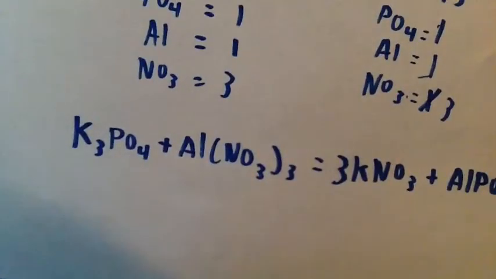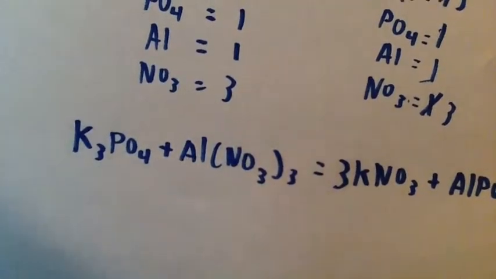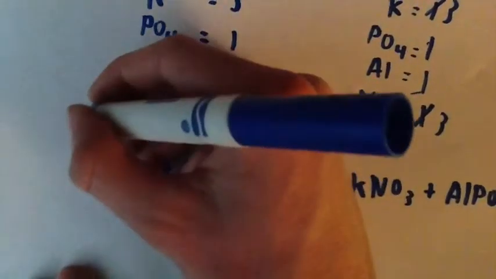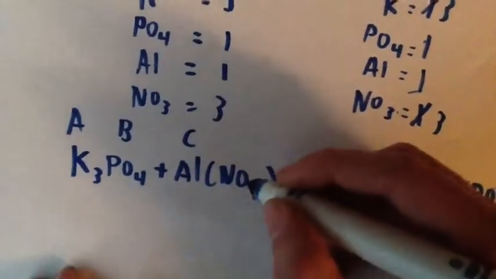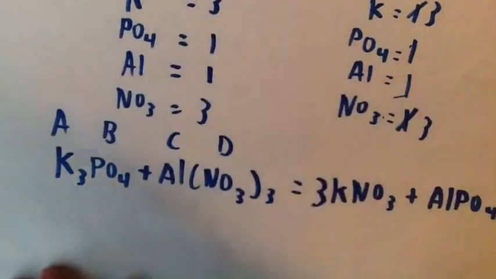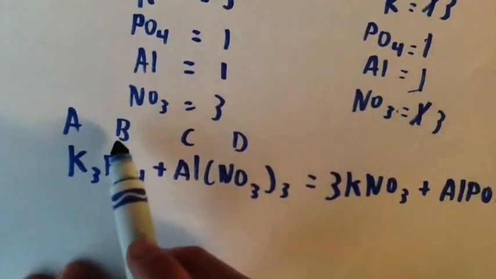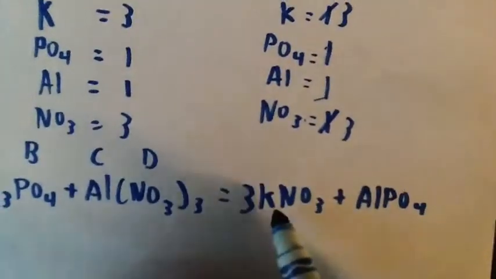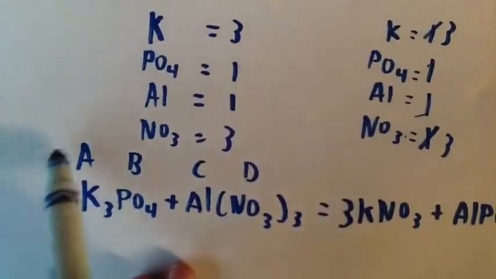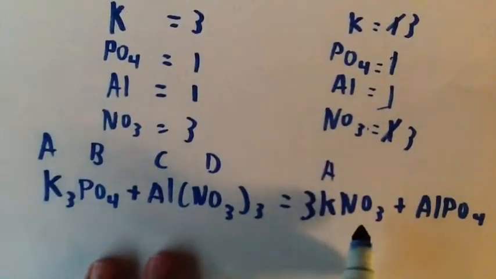Classifying is pretty simple, but I'm just going to put these into categories. We'll make the K an A, make phosphate a B, make aluminum a C, and we'll make nitrate a D. Now these are together, AB and CD. A is together with B, and C is together with D. Now for this one, the K, which was an A, is not with phosphate, which was a B, anymore.